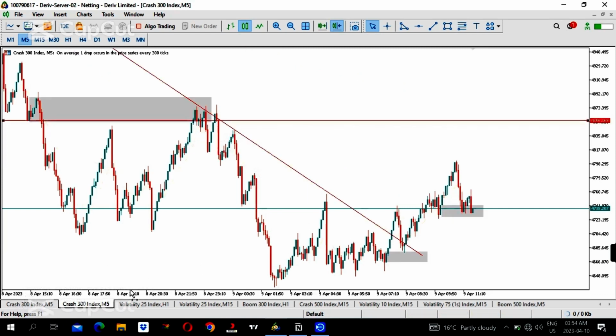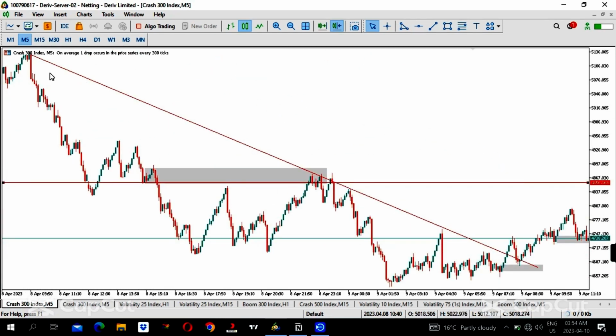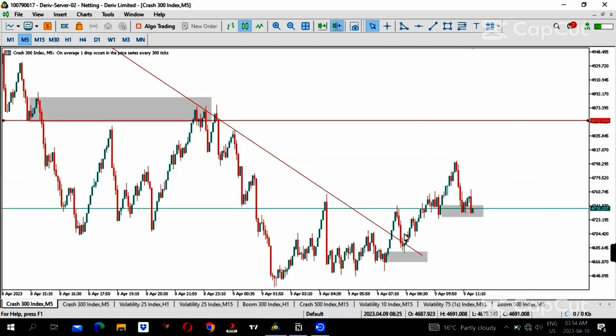Then over here again, we've got a trend line that I drew, connecting these small highs and almost this high also. This is a strong resistance trend line, and it gets broken over here. It gets broken, retests, and pulls back up.